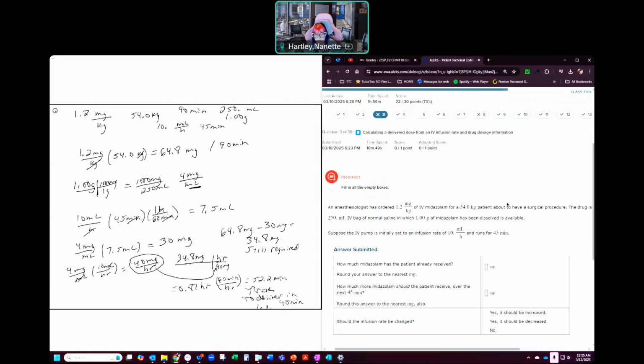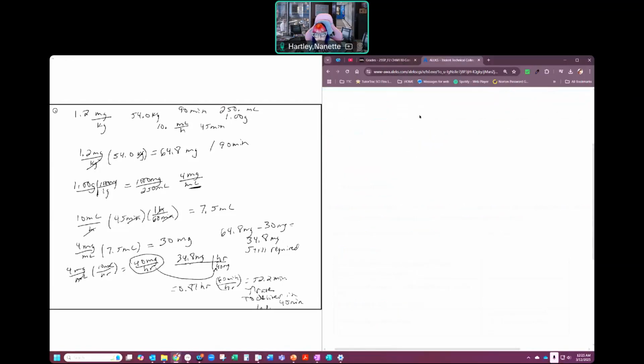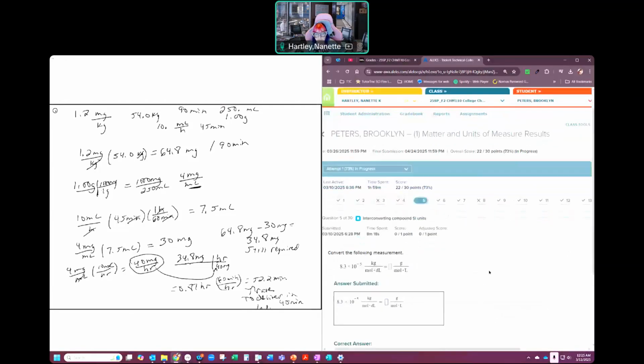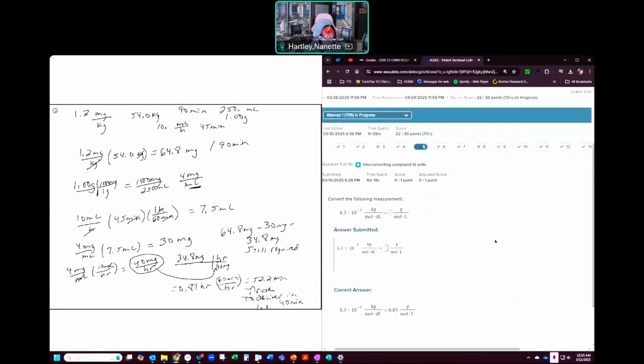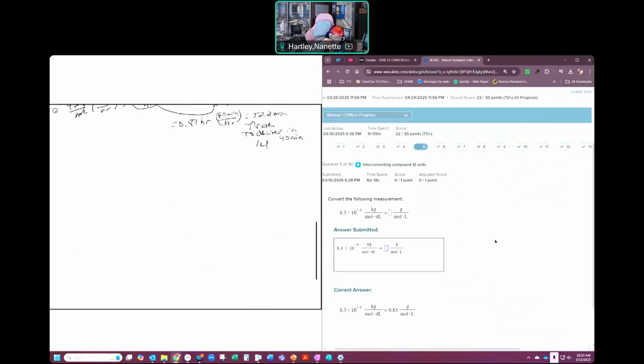So that was 3. Let's take a look at 5. Convert the following measurement. Okay. So I have 8.3 times 10 to the minus 5th kilograms over mole times deciliter is equal to X number of grams over mole times liters.